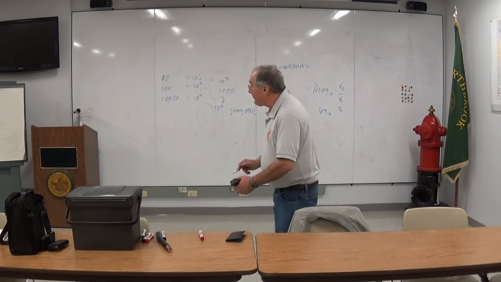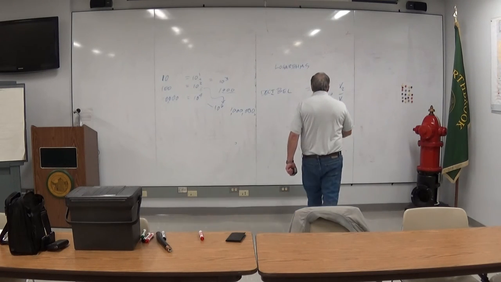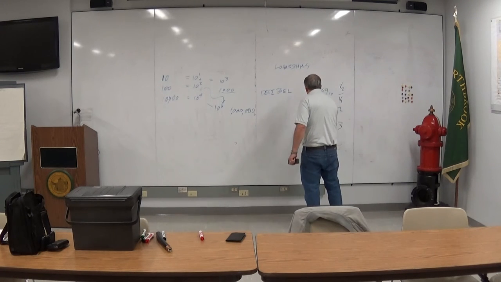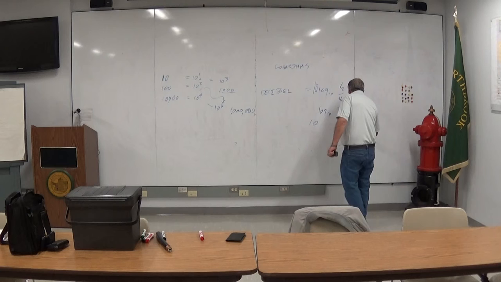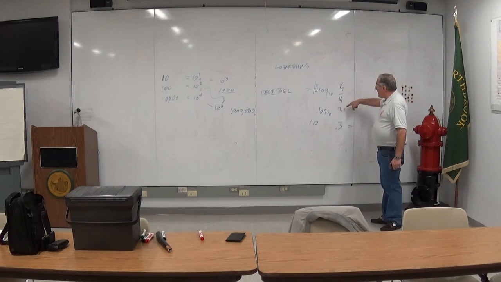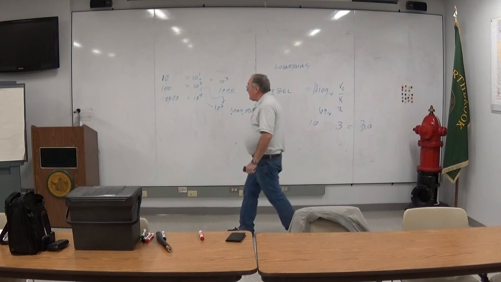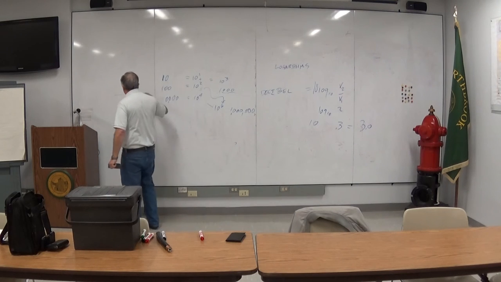Essentially, it's 0.3. So the base 10 log of this guy is actually 0.3, but we're going to multiply this by 10. So if you have something that is doubled, it will be 3 dB.